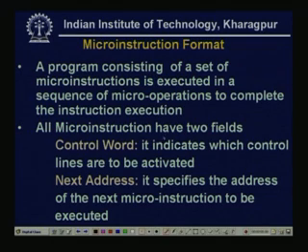All micro instructions have two fields: one is the control word, another is the next address. The control word indicates which control lines are to be activated, and the next address specifies the address of the next micro instruction to be executed.